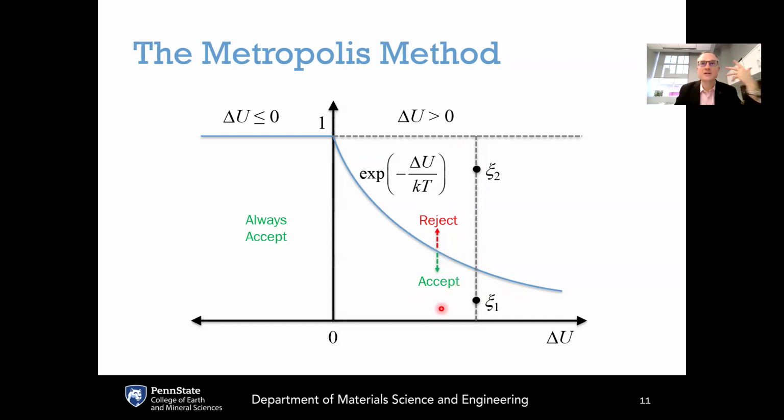So if the move gets accepted, then that increase of potential energy is deemed to be acceptable, and the system moves to that next configuration, and then it would undergo another Monte Carlo trial displacement based on that new position. If, however, the new configuration is rejected, then we would return to the initial position and try a different random move.